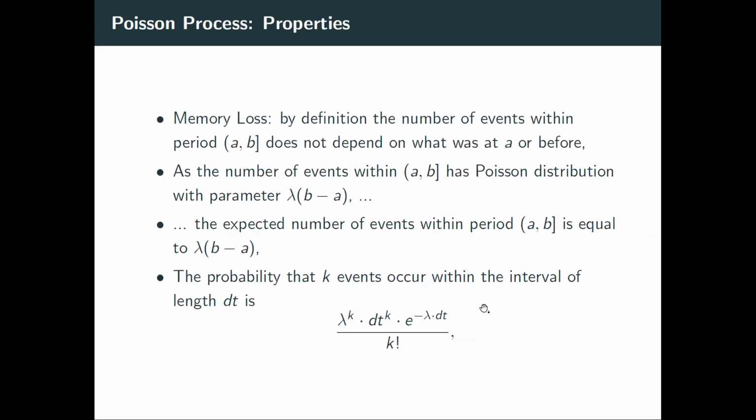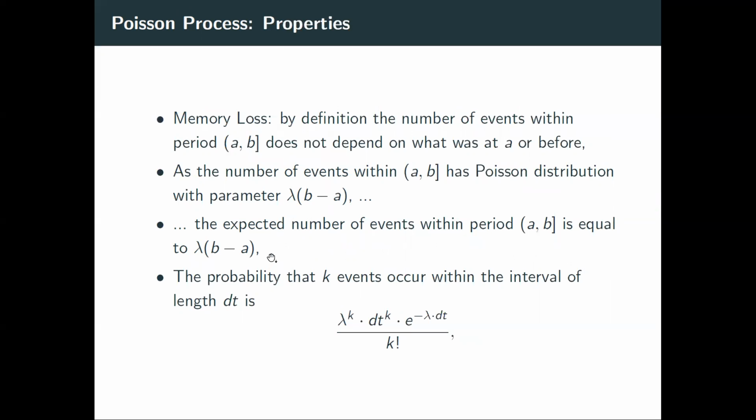What is important here is that the larger your interval is, the higher the parameter of this Poisson distribution, linearly. And when you calculate the expected number of events within the period A to B, it will be equal to exactly this parameter of the Poisson distribution.